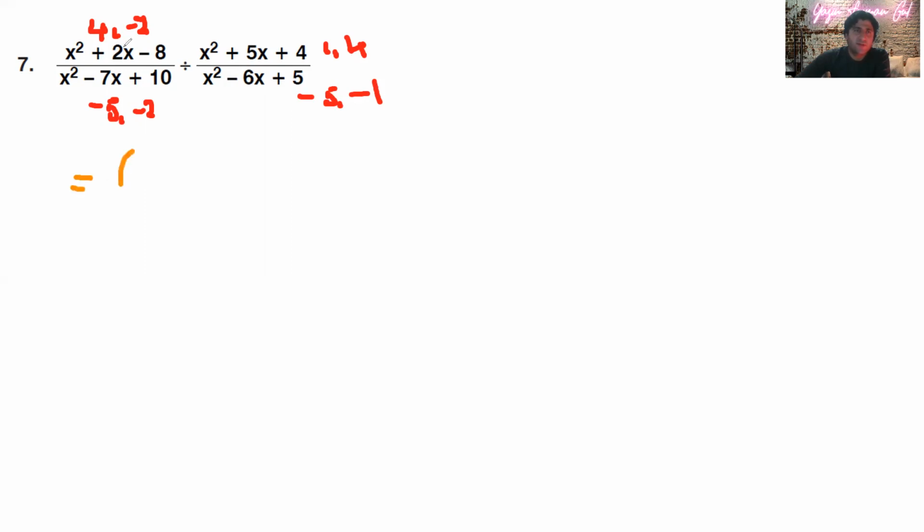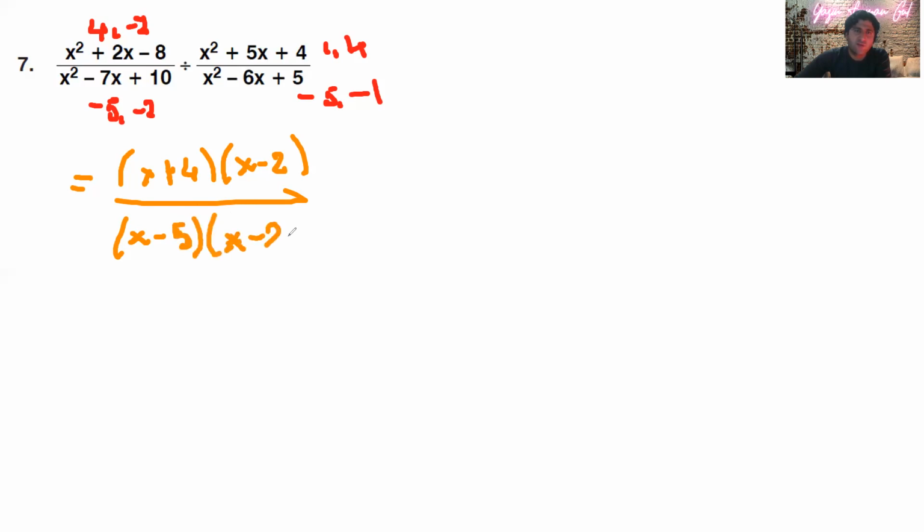First one here, since my factors are 4 and negative 2, it's going to be x plus 4 times x minus 2 over x minus 5 times x minus 2, times, we said this is a division, so this is going to go up and this is going to come down.